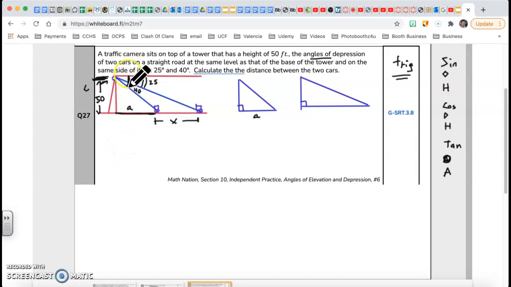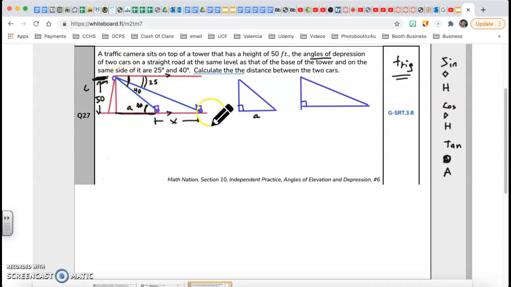This angle on the top, because this line is horizontal and the floor is horizontal, those lines are parallel to each other. Therefore, that angle is the same as this angle, and they're called alternate interior angles. If that's 40, that's 40.